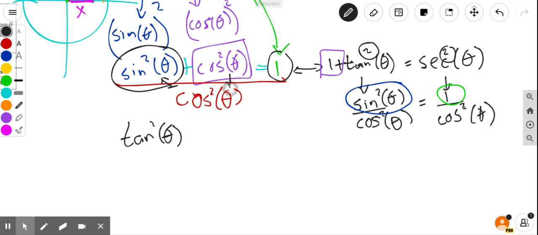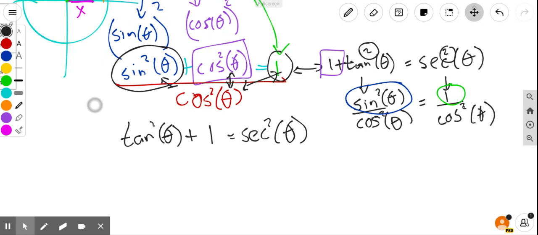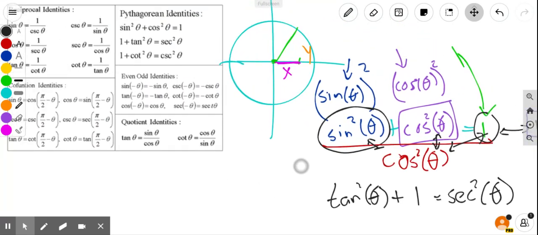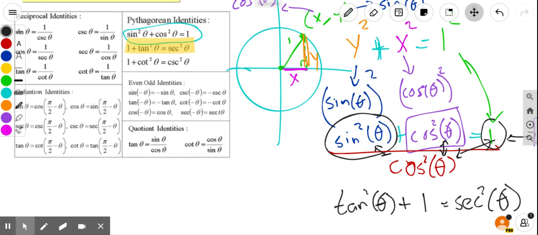Cosine divided by cosine is just 1, so plus 1 equals 1 divided by cosine, which is secant. That's the reciprocal identity. So that's how I got secant squared. Okay. So that's how we derive the second iteration of the Pythagorean identity. I just took this equation here and I just divided all by cosine squared.